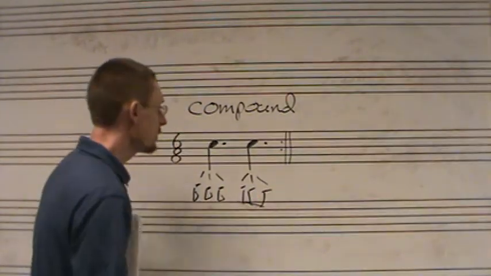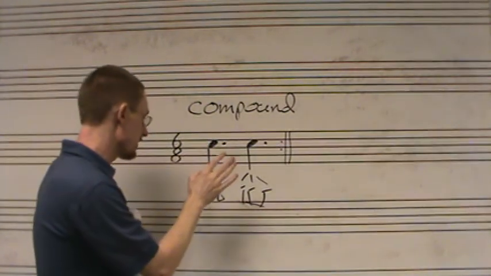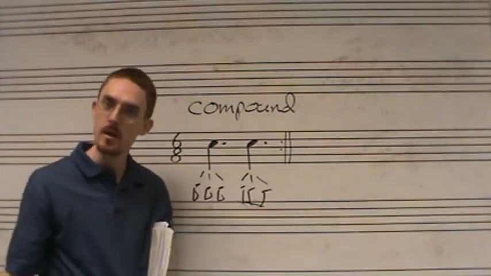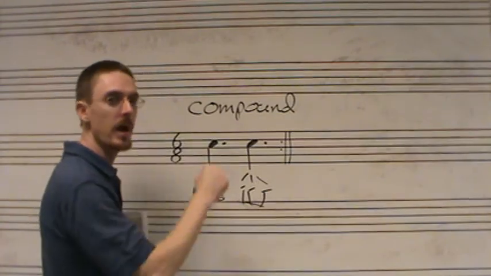So how you subdivide at the first level of subdivision, which is all we're going to deal with right now. In the first level of subdivision, it's 1 and 2 and 1 and 2 and 1 and 2 and so on.